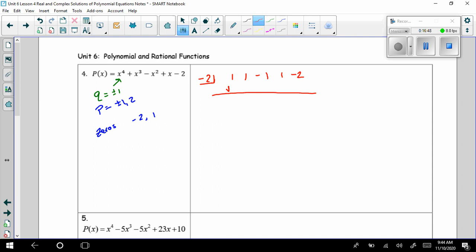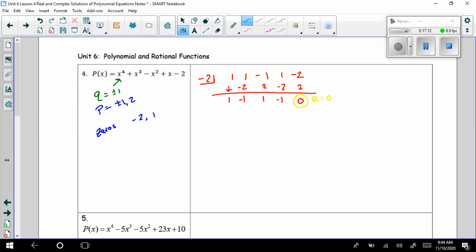But the synthetic division process is the same as always. I bring down 1, I multiply, add, multiply, add, multiply, add, multiply, add. This number here should always be 0 if you've done this right.